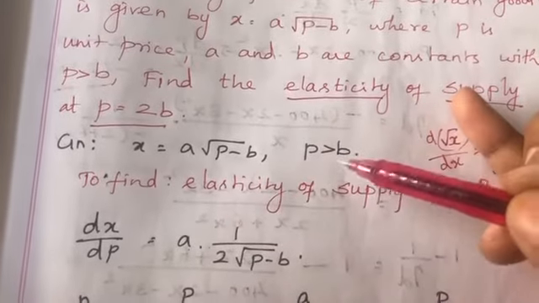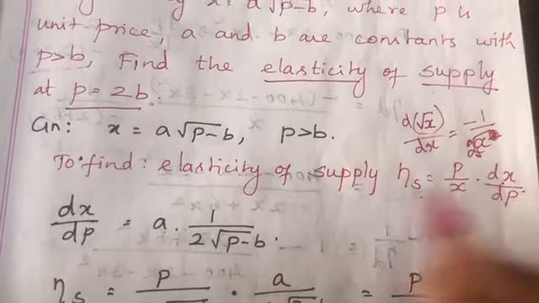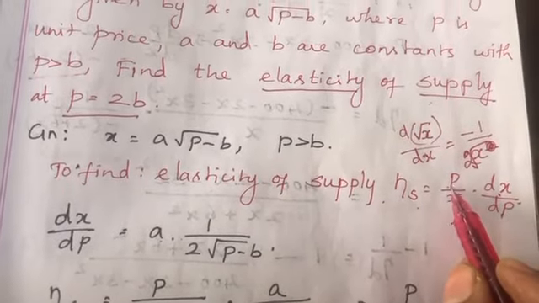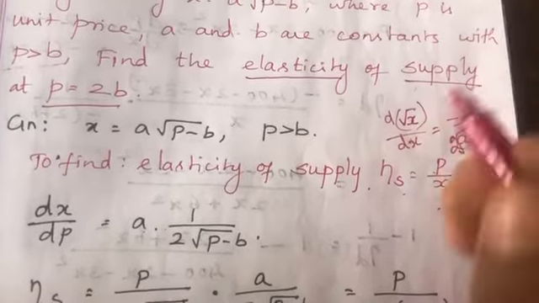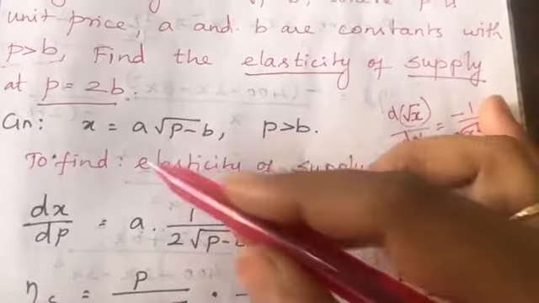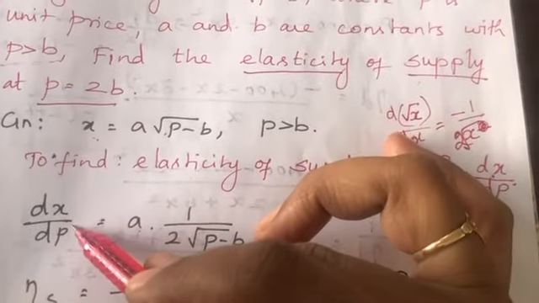To find the elasticity, the formula is p by x into dx by dp. Elasticity of supply is positive, it is never negative. P by x into dx by dp. So we have to find the differentiation of this. X is given, so with respect to p, we can differentiate.